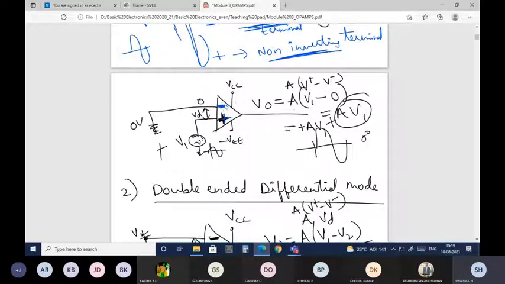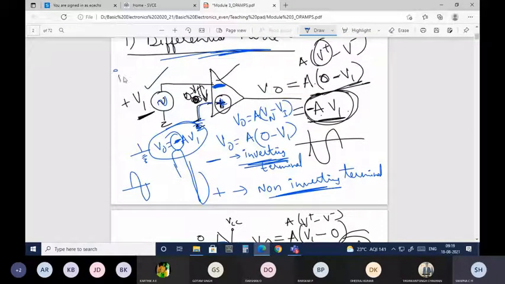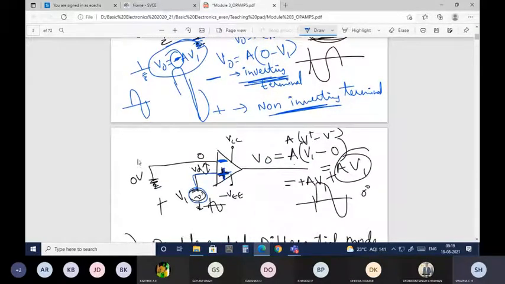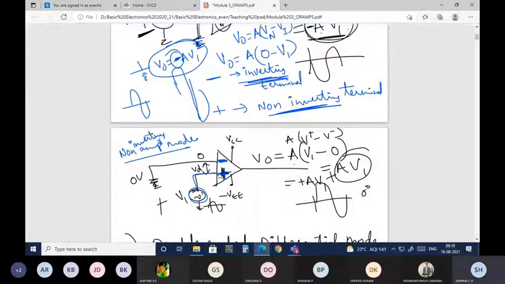Fine. This is the non-inverting configuration. Non-inverting configuration in the sense we are giving input to the non-inverting terminal. This is the inverting configuration. I will write the full name: inverting amplifier mode. This is non-inverting amplifier mode, in the sense we provide the input to the non-inverting terminal and the inverting terminal will be grounded.